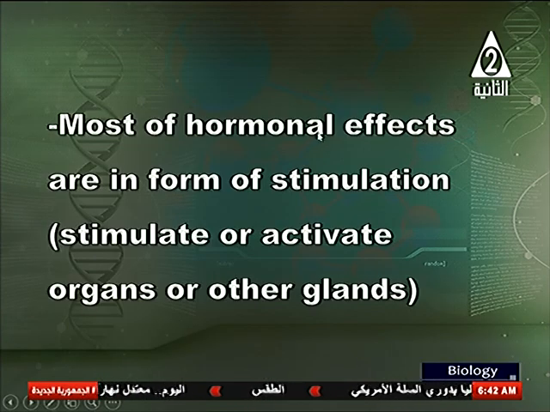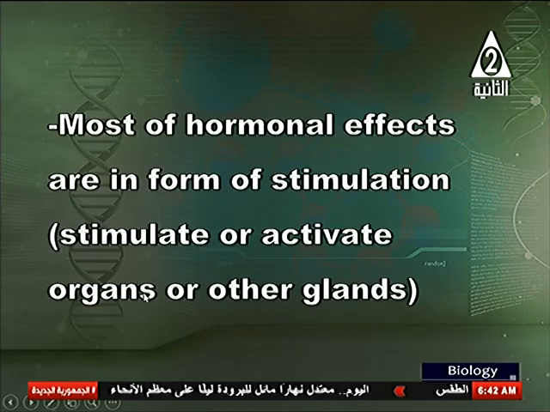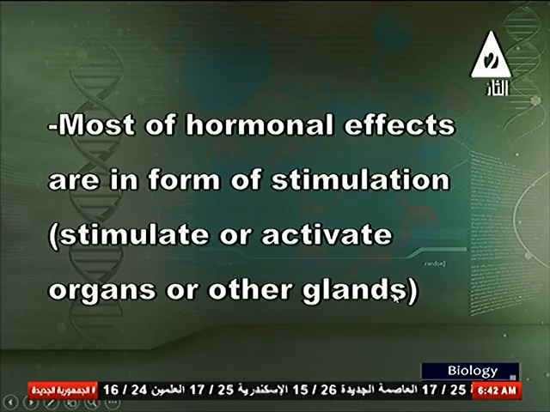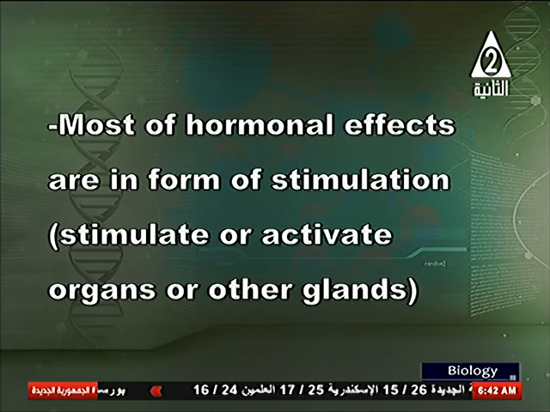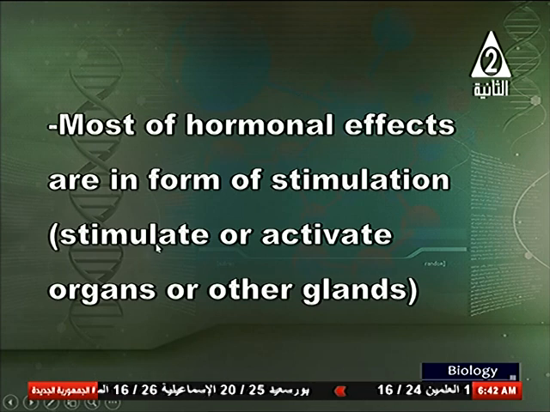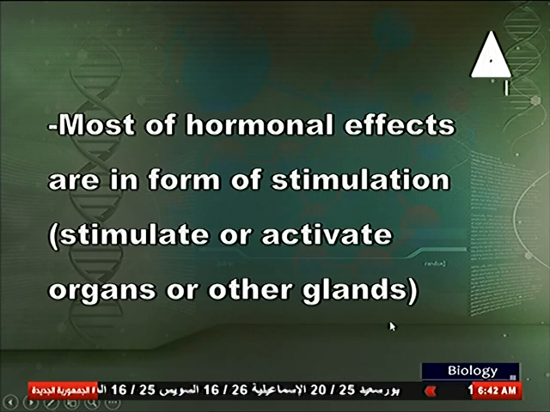Also, most hormonal effects are in the form of stimulation or activation of organs or other glands. So we can consider a hormone as a positive catalyst which stimulates other organs. A positive catalyst stimulates a reaction, while a hormone stimulates organs or other glands.